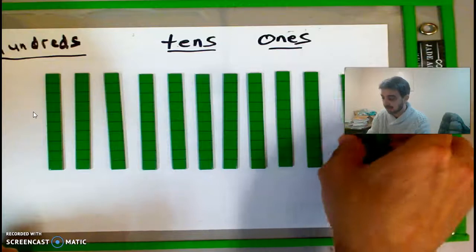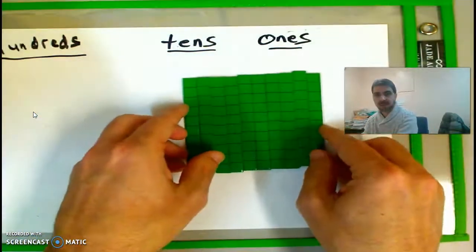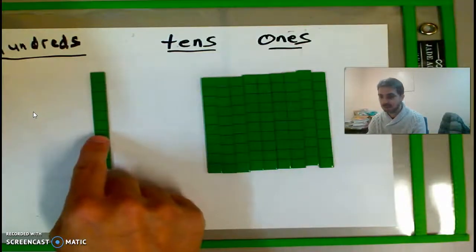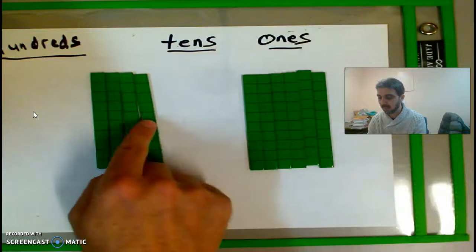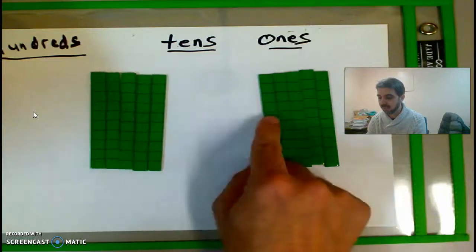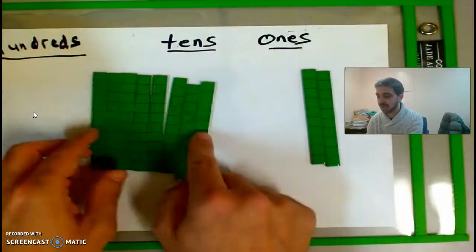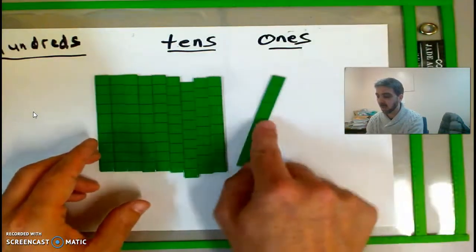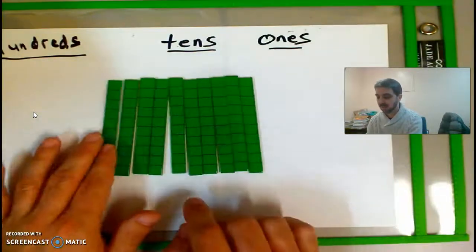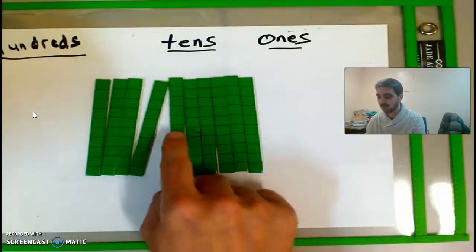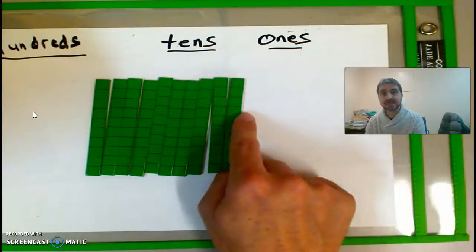So let's take a look. I think I have 10 here. Let's count. You ready? Count with me. 10, 20, 30, 40, 50, 60, 70, 80, 90, 100. Do we have 10? Let's see. We have 1, 2, 3, 4, 5, 6, 7, 8, 9, 10.